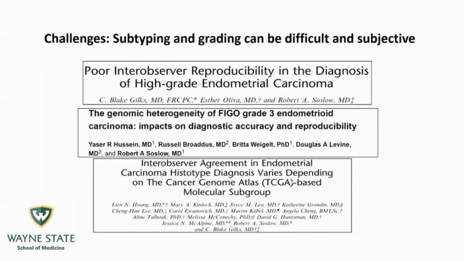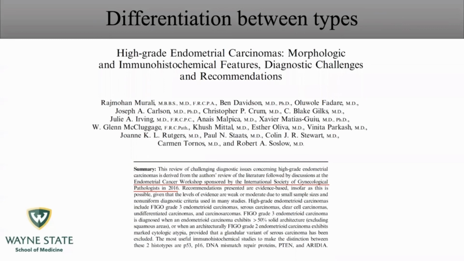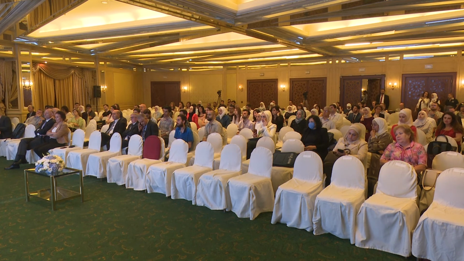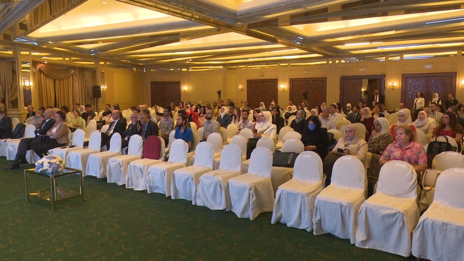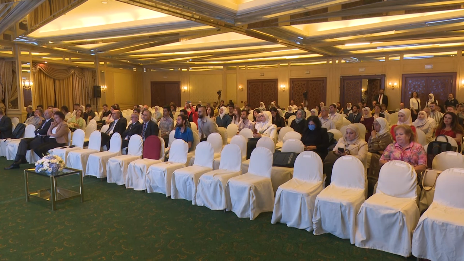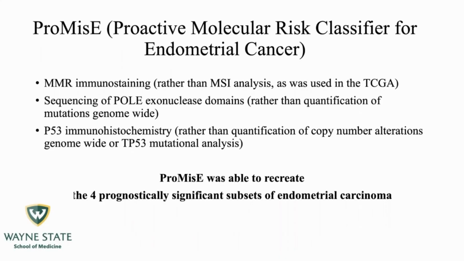So in 2016, in a workshop held by the International Society of Gynecological Pathology, they put forward some recommendations on how to make it simple and how to implement the molecular classification into our daily life in the lab. So they came up with this ProMisE algorithm, the Proactive Molecular Risk Classifier for Endometrial Carcinoma.